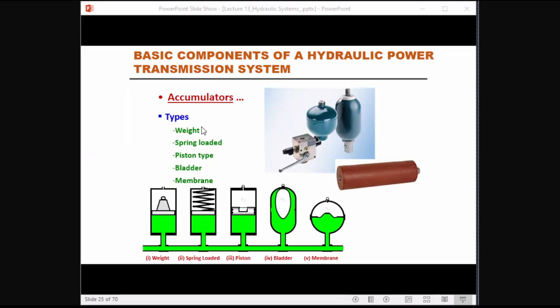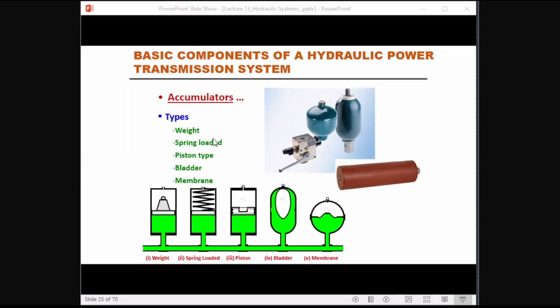This first one, the weight loaded one, we can use for heavy applications. Okay. Then this type is typically used in systems where constant pressure is needed over a long period.